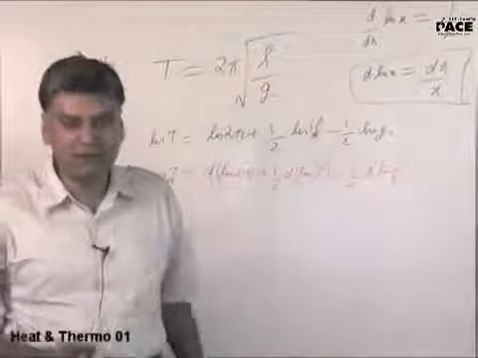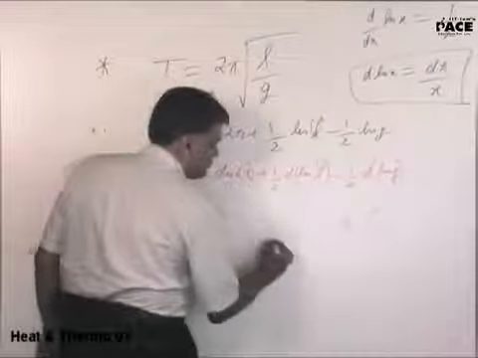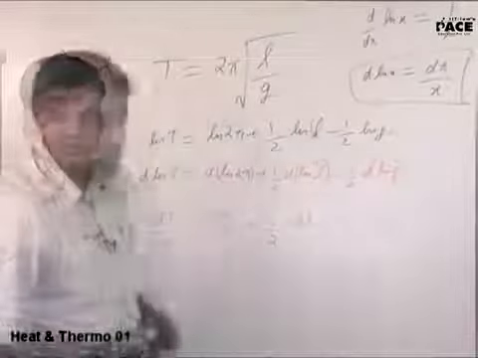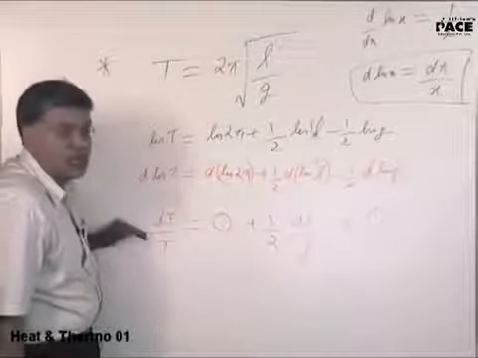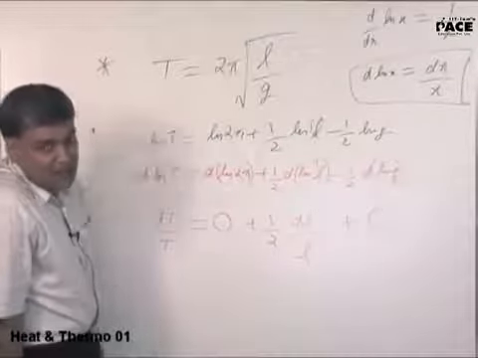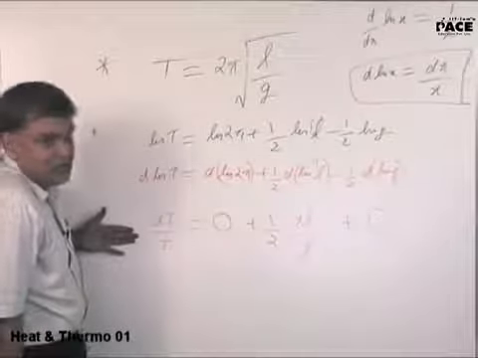There is no change in gravity. So what you have is a change in this, which will be half dL by L. Well, to get this, you can differentiate directly, but taking a log and then differentiating makes it easy. If you have some complicated products and divisions, taking the log and then taking the differential makes it easy. That's the idea.